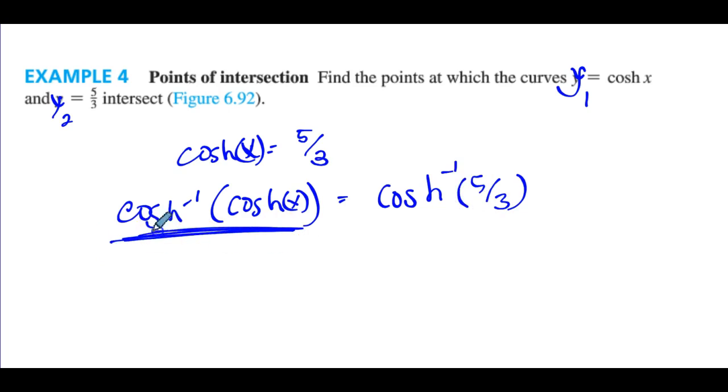And then this side, you're just undoing, it's kind of like adding 5 and subtracting 5. Everything drops out, and you're just left with x. And this guy is the answer that could probably be simplified.